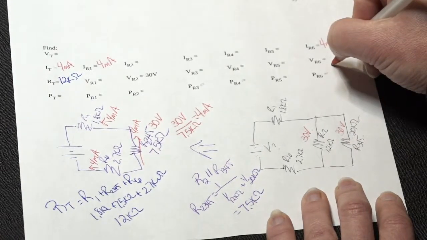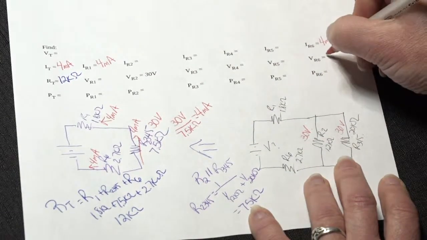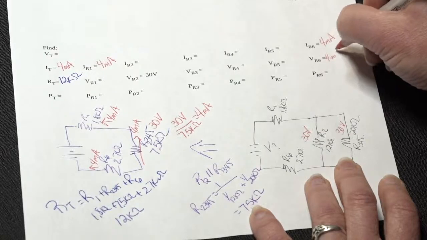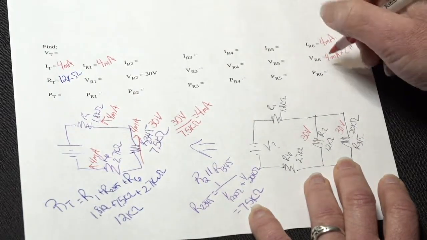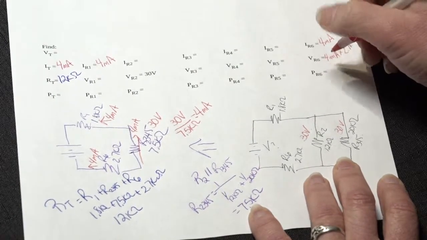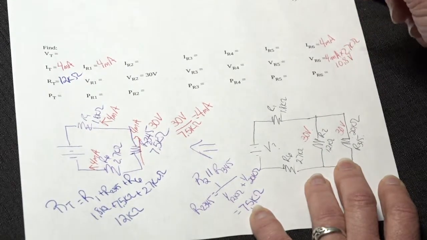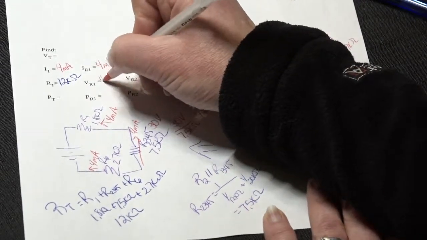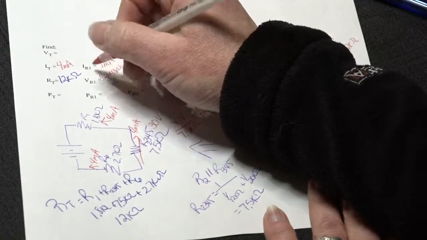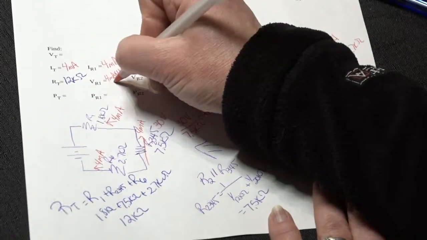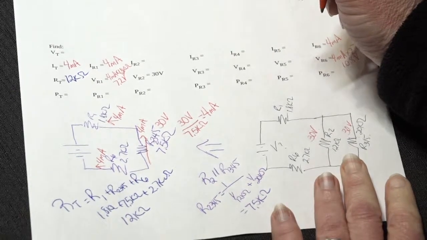So we can apply our Ohm's law with R6, and we can say that 4 milliamps times 2.7 k ohms gives us 10.8 volts, and 4 milliamps times 1.8 k ohms gives us 7.2 volts. Oh, that was easy.